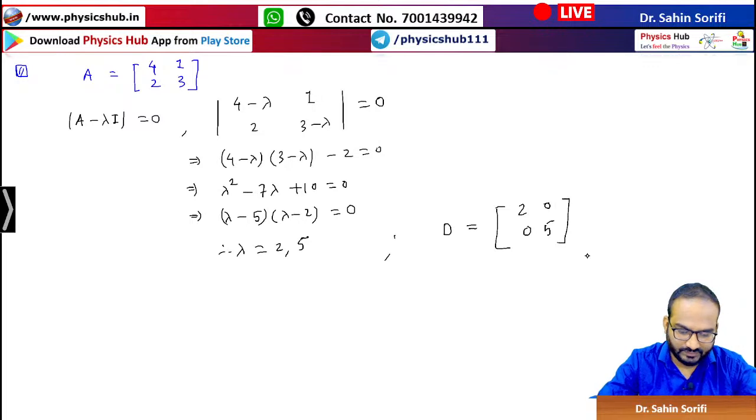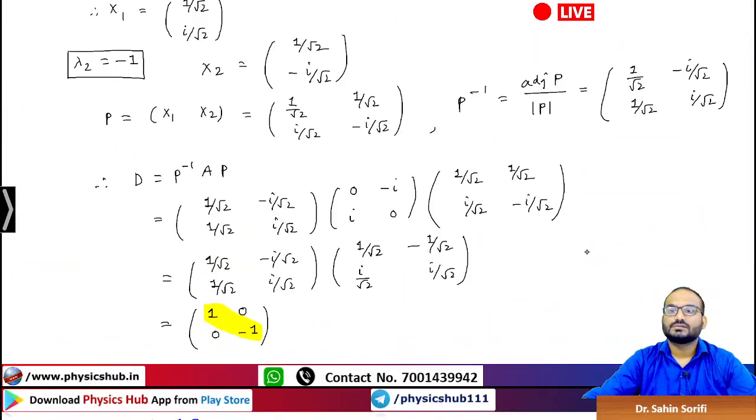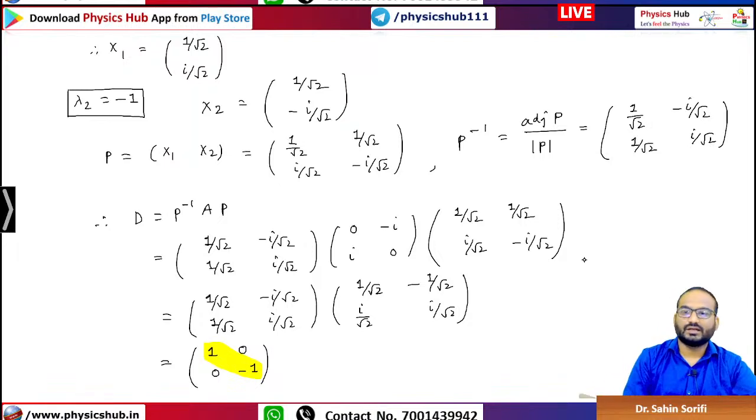Is P inverse given by you correct, or incorrect? Are you getting a different result for P inverse? I think it will be the case. For P, you have to find the cofactor matrix, then find the transpose.